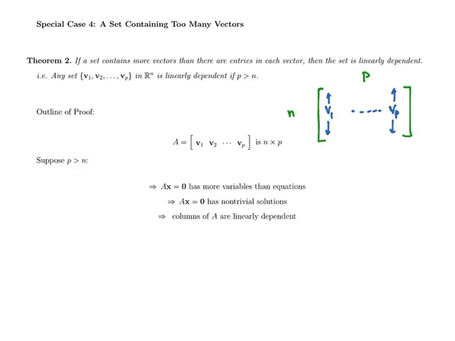So this is n by p. There is more columns than there are rows. P is greater than n. So if this is the case, then Ax equals 0, that homogeneous equation, has more variables than equations. More columns than rows, which means that Ax equals 0 has non-trivial solutions because there must be free variables.